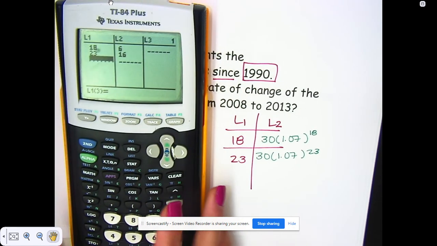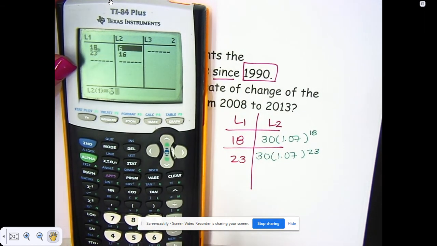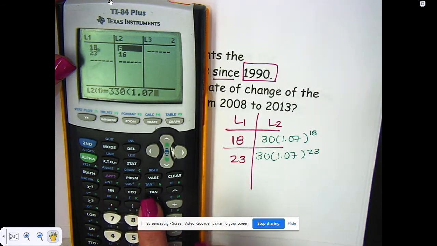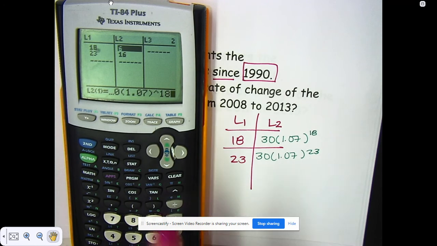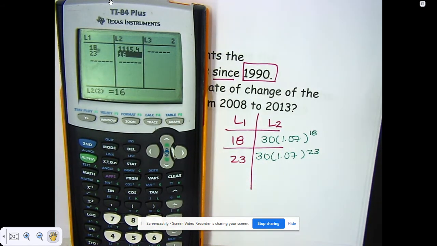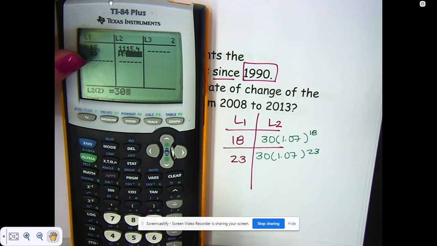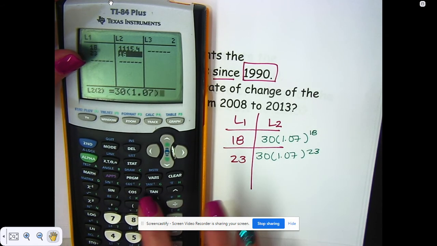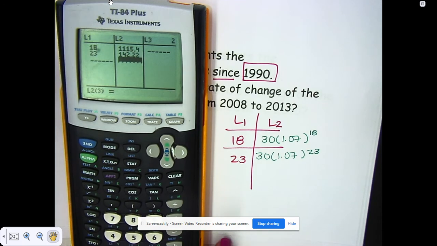Now watch. I'm going to type in 30 times 1.07 to the 18th, and when I hit enter, notice it doesn't put that in there, it puts its value in there. That does one step for you. Then the 23rd, and hit enter, and there's its value.